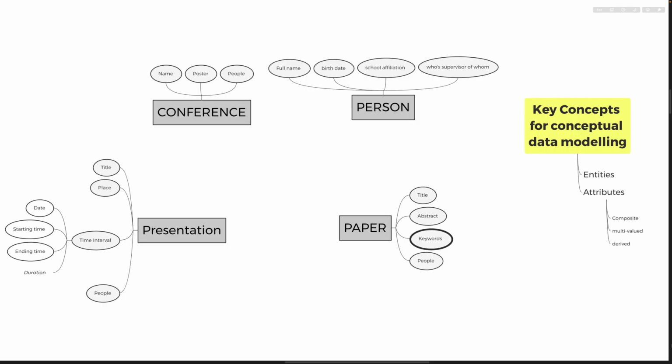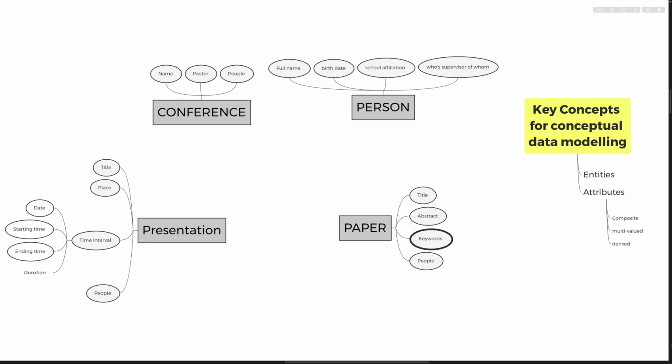So after you're done writing, you can go over the text again and try to identify which pieces of information are objects or entities, as they are called in the entity relationship model, and which pieces of information are attributes that you can use to describe the entities.